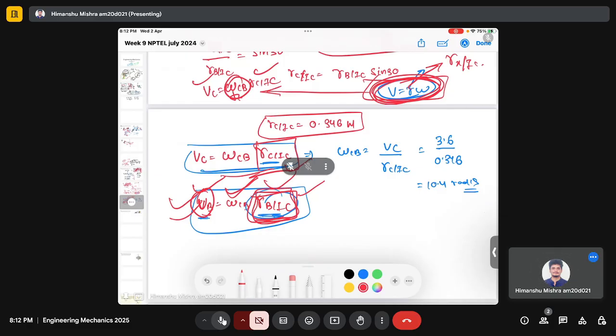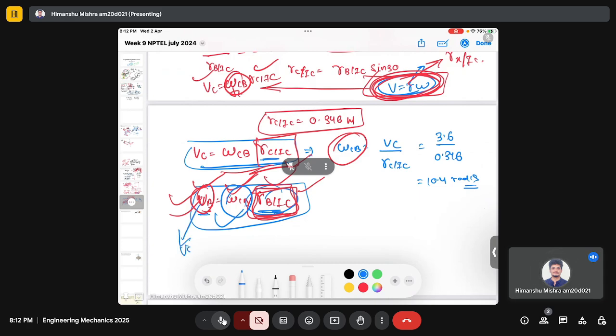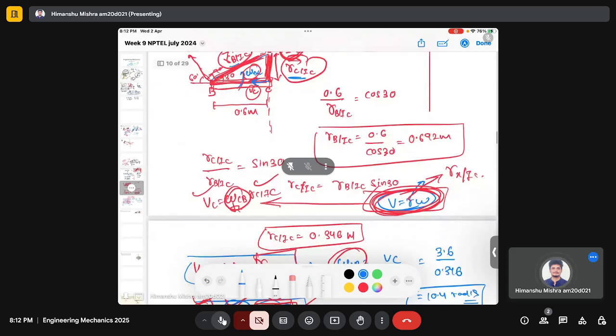So when we use it at point C, we actually found out omega CB. Now we know omega CB, and we can actually find VB. So my VB will be omega CB, which is 10.4, times RB with respect to IC, which we found is 0.692.